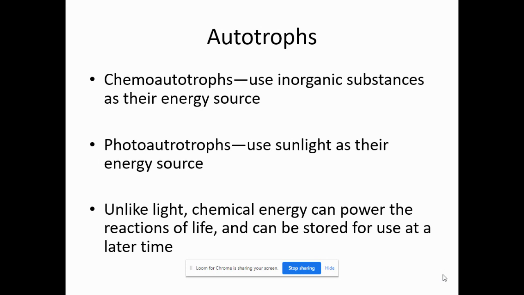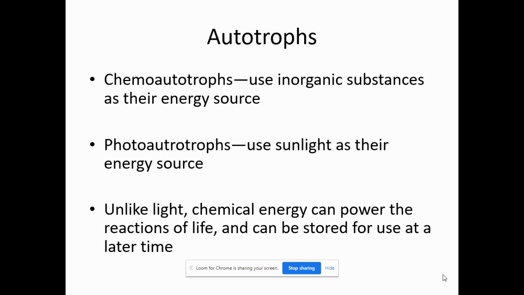So unlike light, chemical energy can power the reactions of life and can be stored for use at a later time. Okay, so that's why not everyone can use energy from the sun to power themselves.